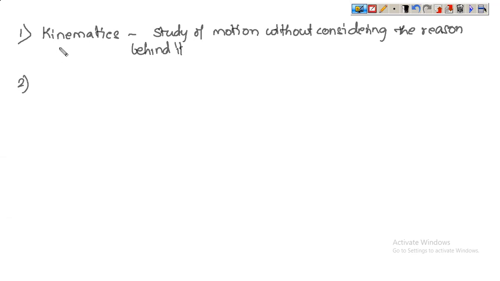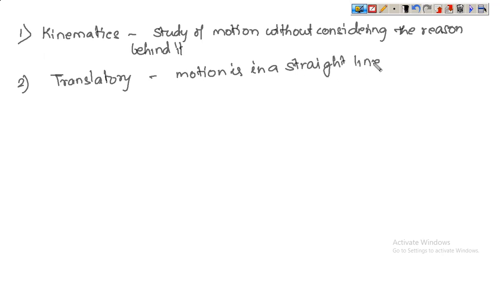Now the second, if you come to types of motion, we have translatory motion. Translatory motion means that the motion follows a straight line. Now the third term that you'll come across is curvilinear motion.